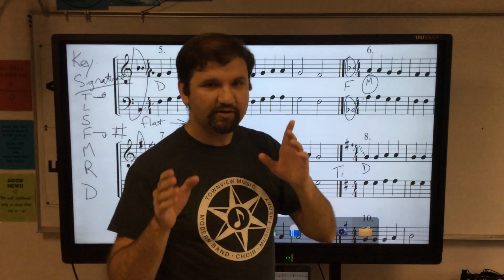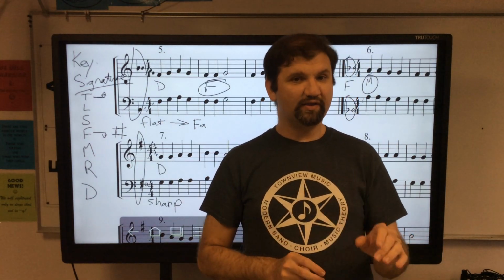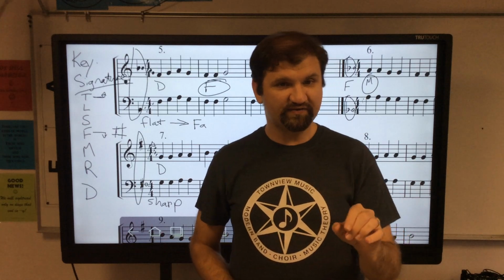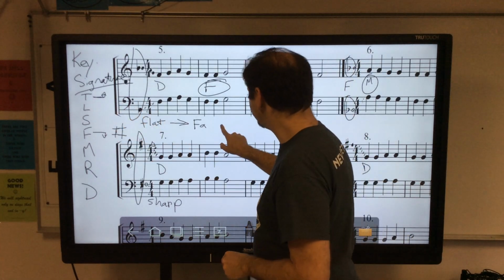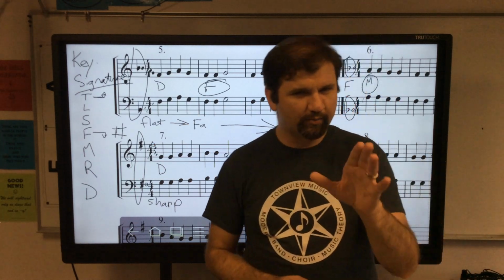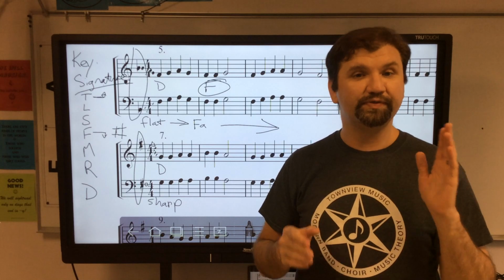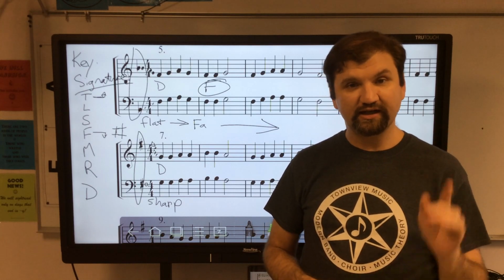Say that with me. The last sharp is ti and the last flat is fa. When I say last, I mean the one that is farthest to the right of the music. Say it one more time. The last sharp is ti, the last flat is fa.